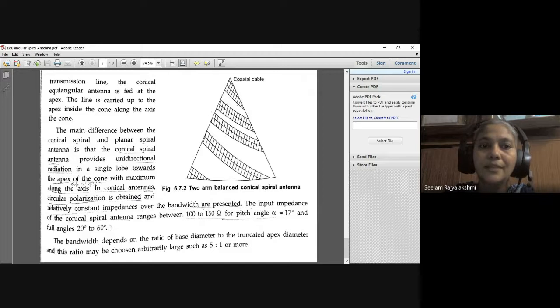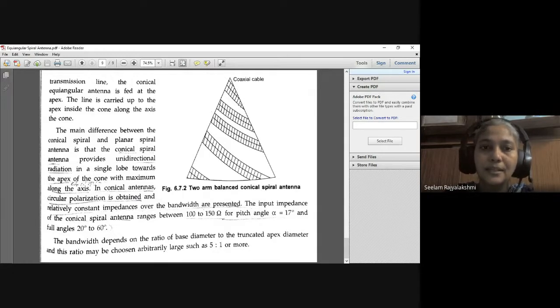The main difference between the conical spiral antenna and the planar spiral antenna is that the conical spiral antenna provides unidirectional, that means single directional, radiation in a single lobe towards the apex. We don't have any minor lobes here.